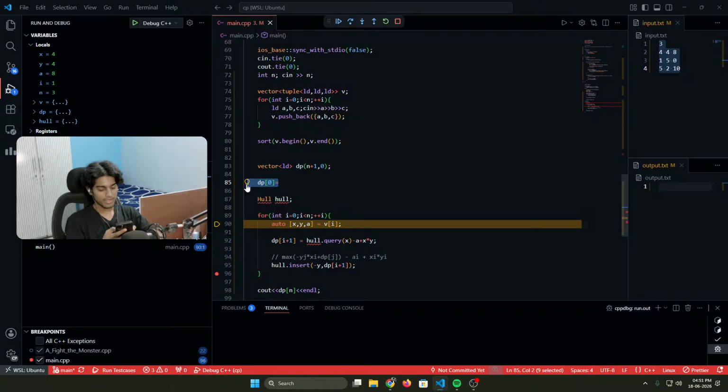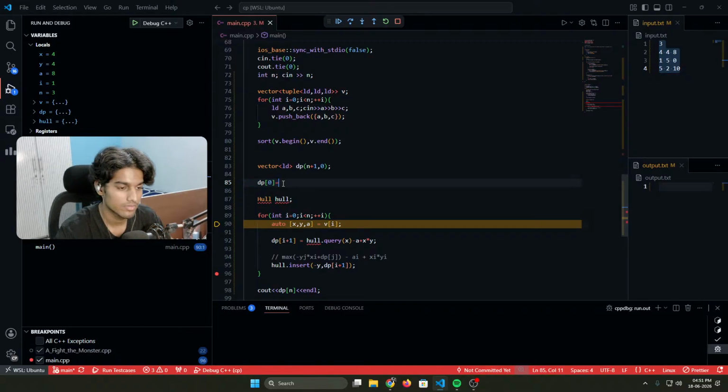So we have a single rectangle. V of 0, well, I can't do it that way.